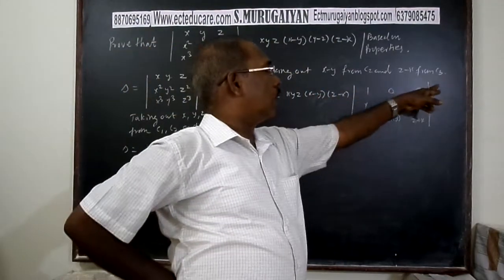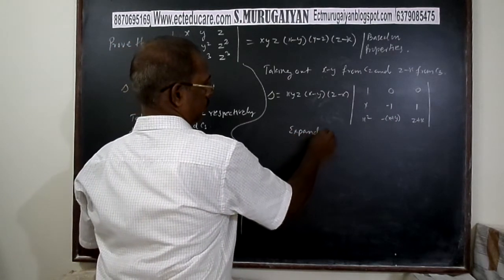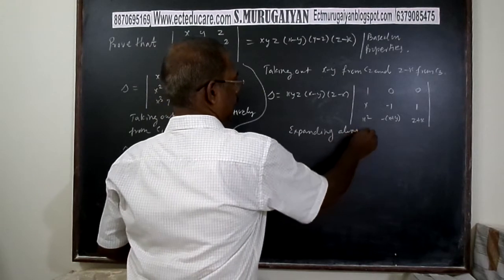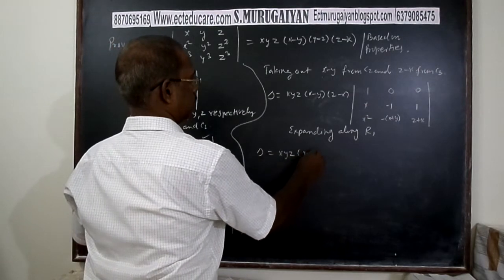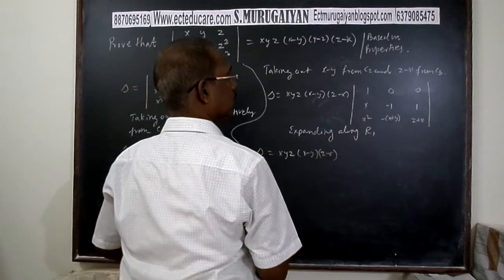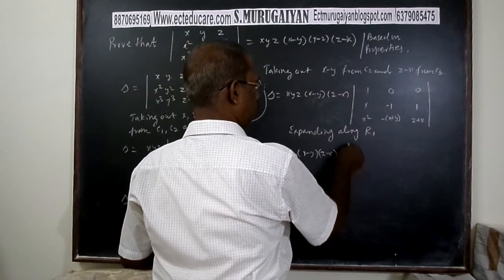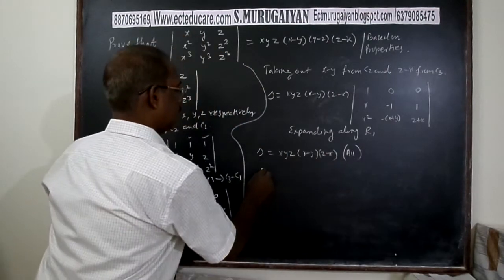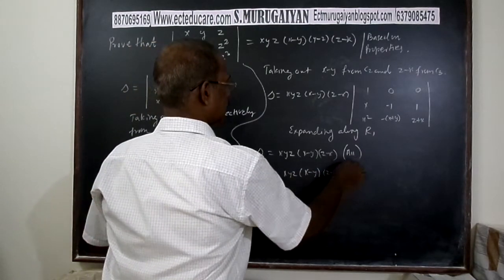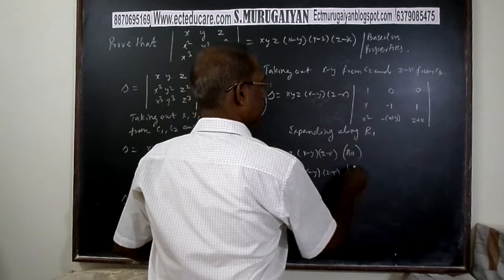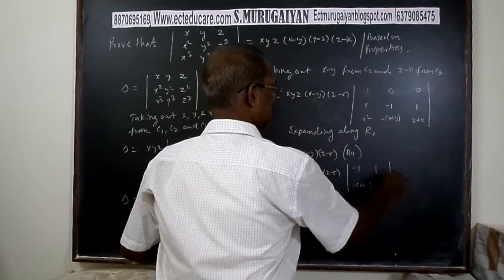There are 2 zeros in R1, so expanding along R1, delta equals x, y, z, x minus y, z minus x into 1 into the cofactor, that is a11 alone. What is a11? Minus 1, minus of x plus y, then z plus x.